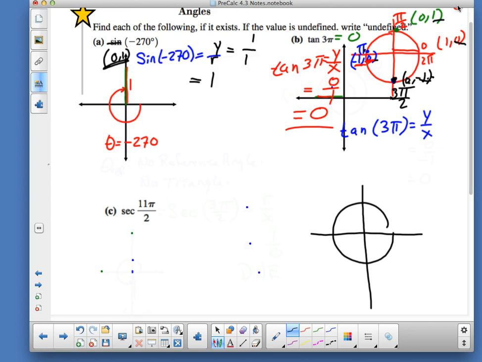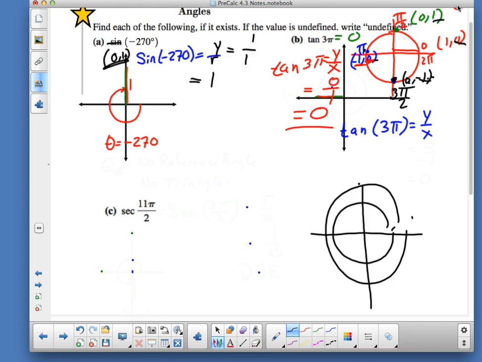Remember, one rotation is 4 pi over 2. 2 rotations, 8 pi over 2. Okay? Now I've got 11 pi over 2. I've got 8 pi over 2, so I've got 3/4 of a rotation left.